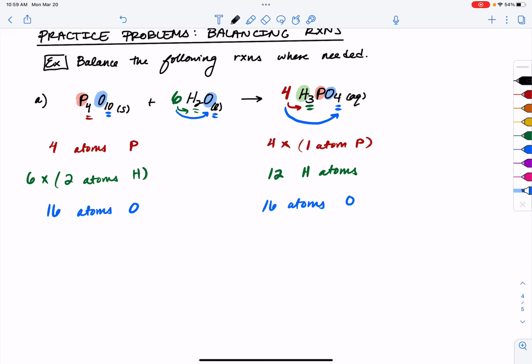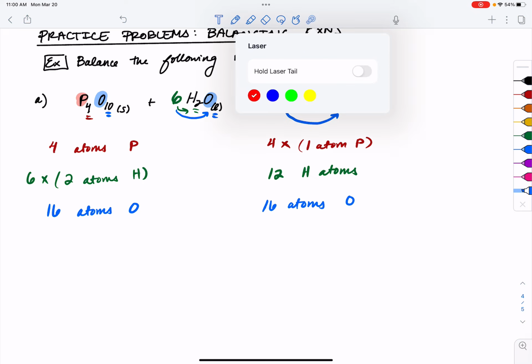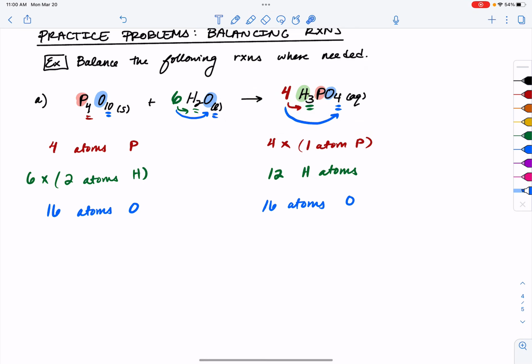Okay, so let's go back and check our work. 4 phosphorus, 4 phosphorus; 16 oxygen, 4 by 4, 16 oxygen; 12 hydrogen, 12 hydrogen. Now I am balanced.